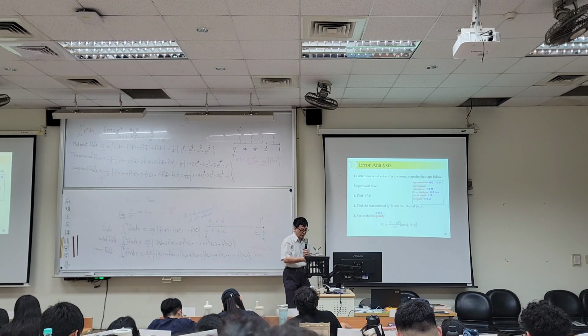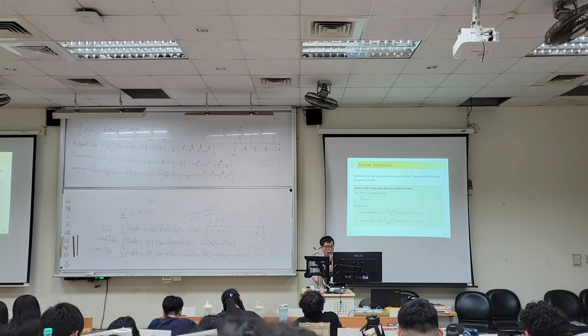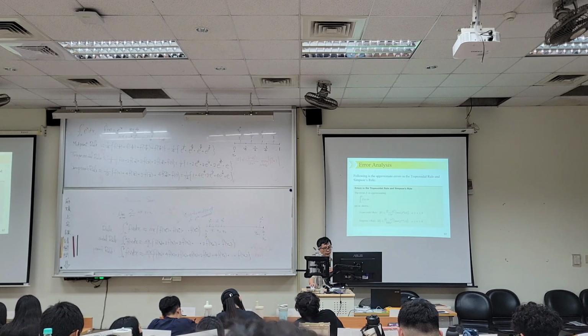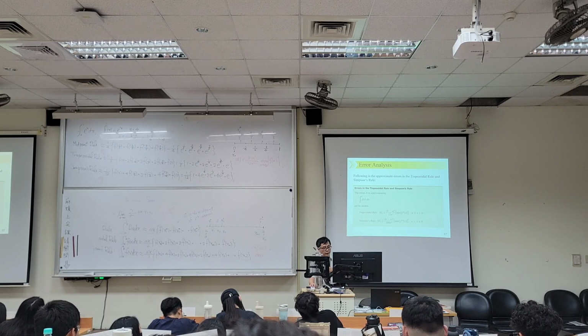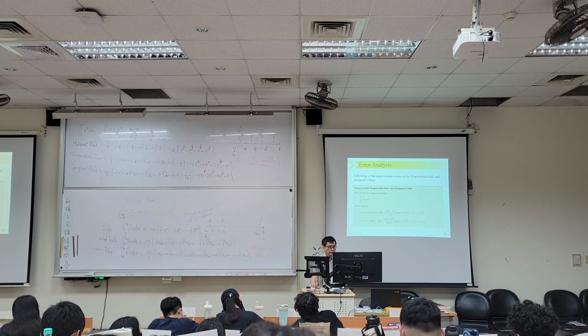So basically you get this one, right? For error analysis here, what you need to do is find the derivative. For instance, for this one, you need to find the second derivative, then the absolute value. Then you need to obtain the maximum of that quantity for x between a and b.